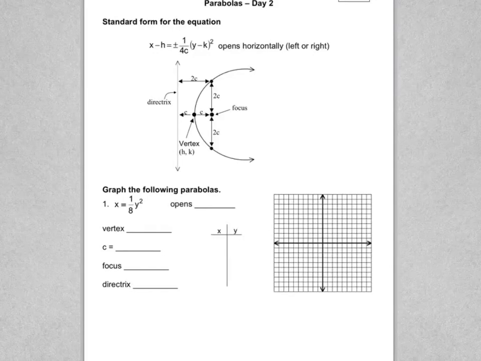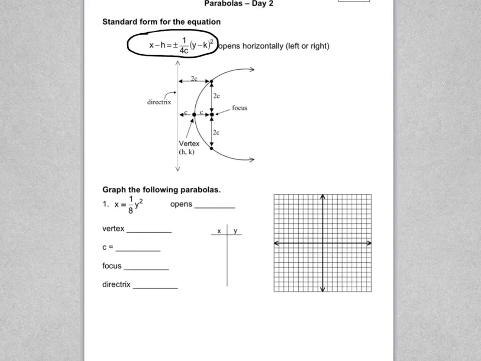Well, now we're in day 2, and this is a little different can of worms. We have basically the same standard form that you need to look at, but look at which term is squared. That's the difference. Before it was y minus k plus or minus equals plus or minus 1 over 4c, and we're looking right here at this equation, y minus k squared.